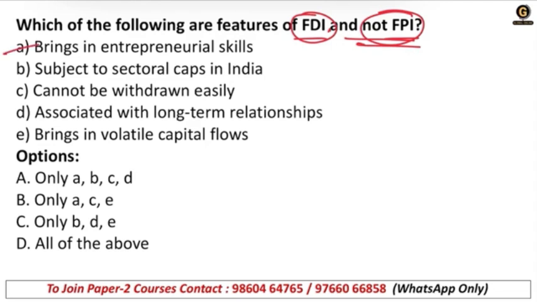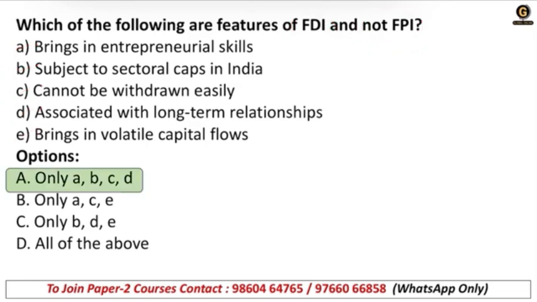Correct. Bring in entrepreneurial skills, subject to sectoral caps in India, cannot be withdrawn easily, associated with long-term relationship, bring in volatile capital flows. The right answer is option A, B, C, D. E is not correct. Okay, this is related to FPI, not FDI.